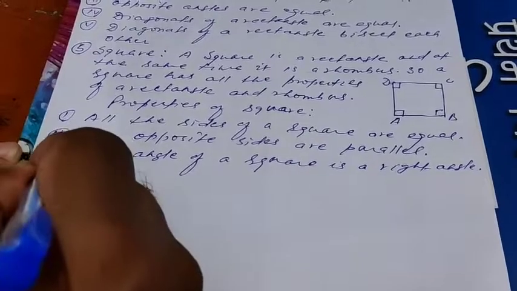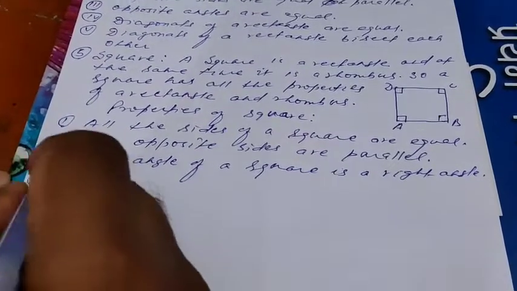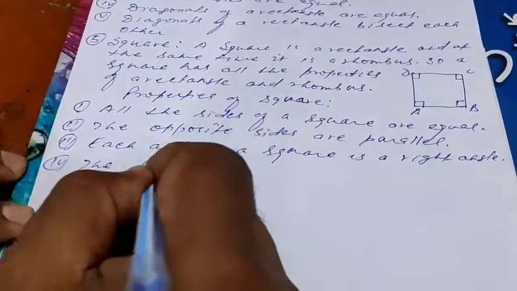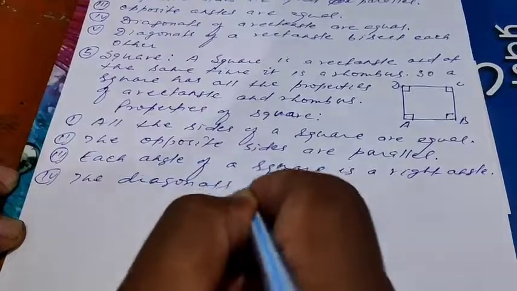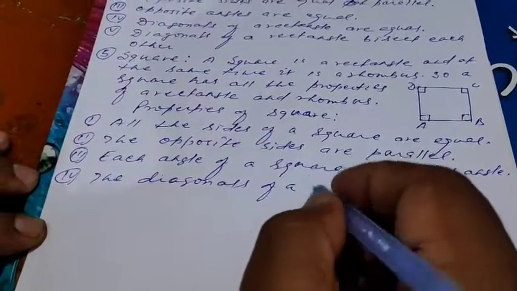Fourth, the diagonals of a square are equal.